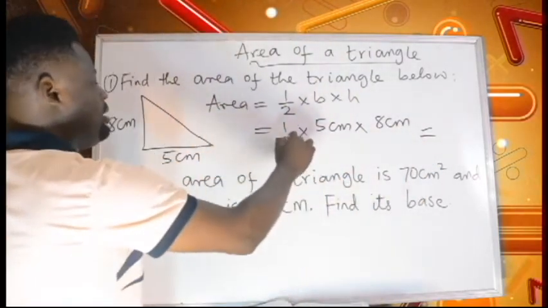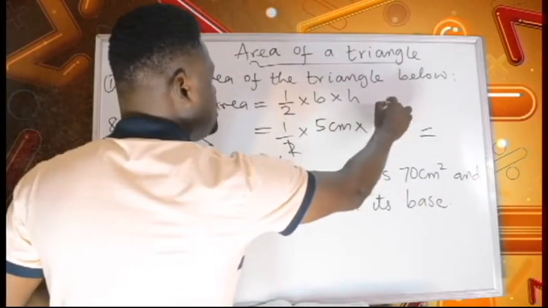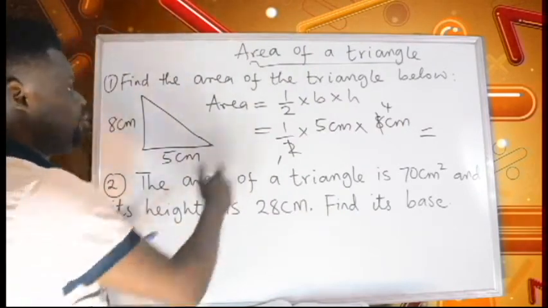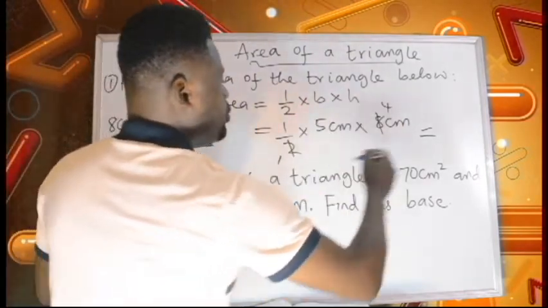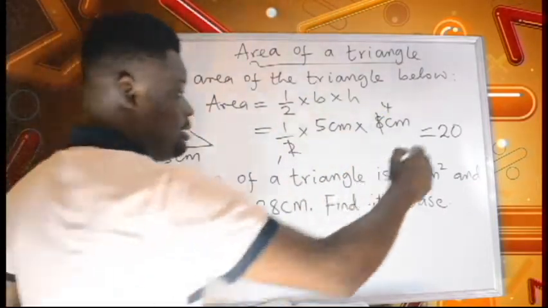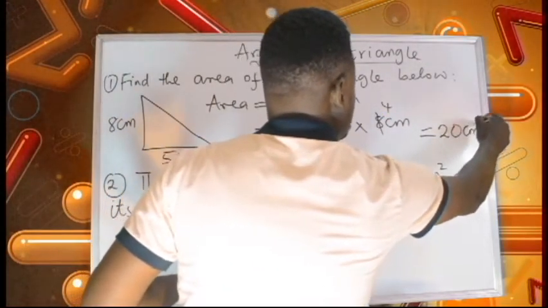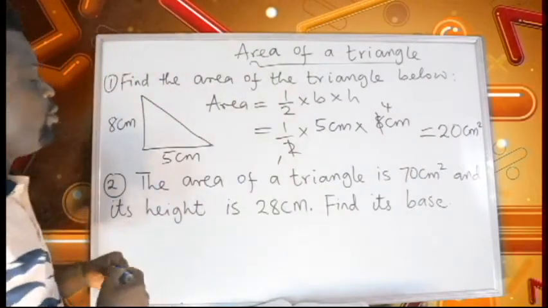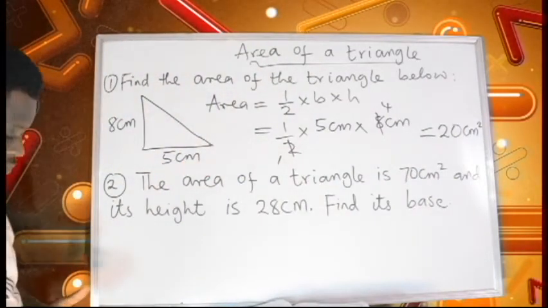So the 2 cancels out 8, giving 4. So we have 1 times 5 times 4. That's 20. Then we have centimeter times centimeter, that will give us centimeter square. So number 1 is 20 centimeter square.